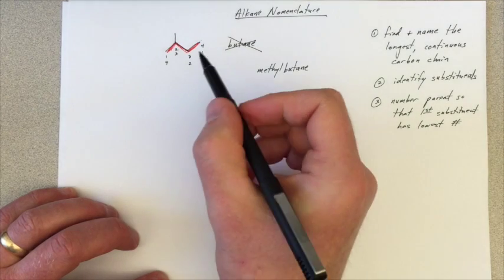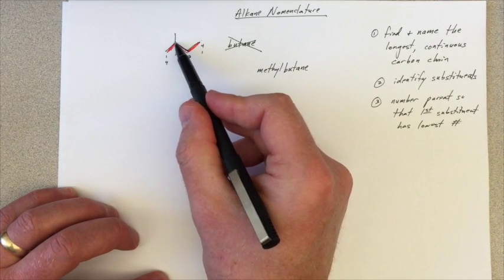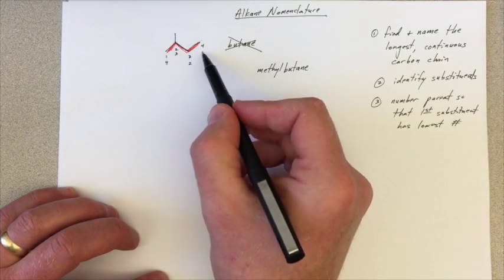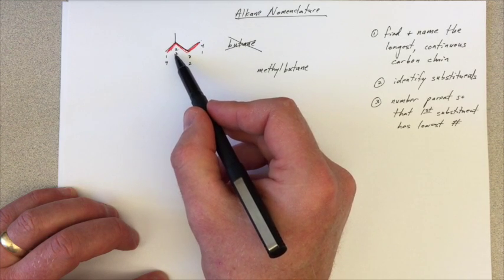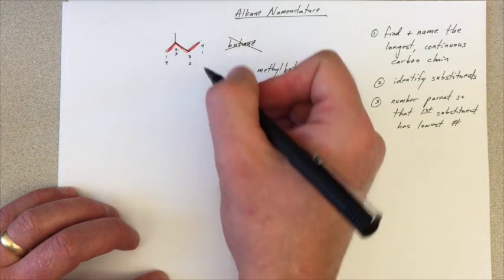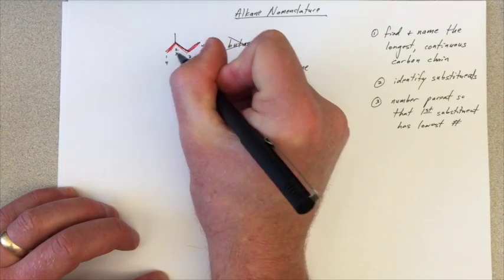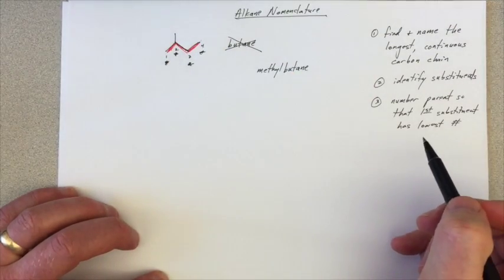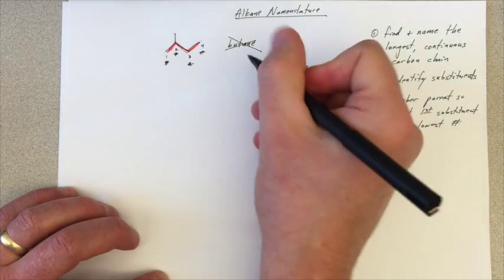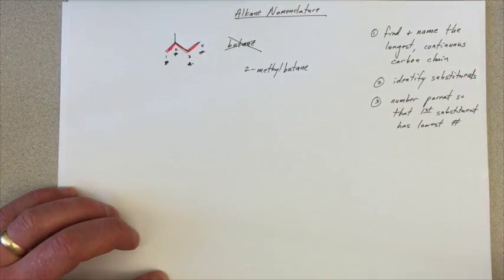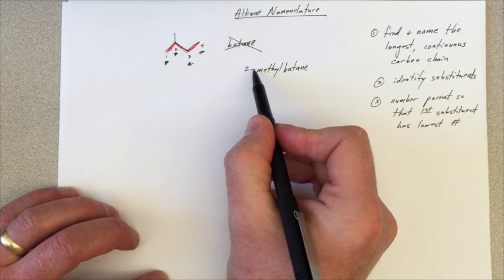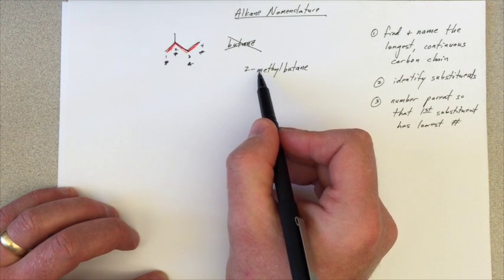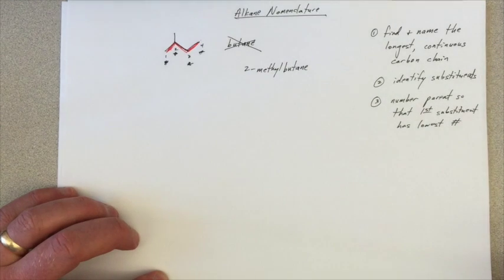So in this example, that methyl group could either be on the 2nd carbon or if I numbered it backwards, it could be on the third carbon. 2 is lower than 3, so I'm going to choose to number my butane chain 1, 2, 3, 4, and so I'm going to call this a 2-methyl butane. Okay, there are dashes in between numbers and letters.